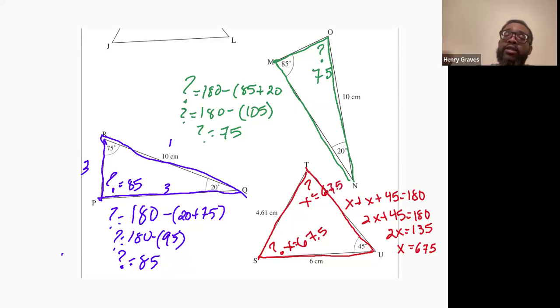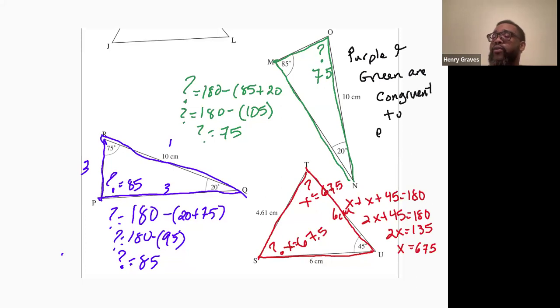So essentially the only ones that are equal to one another are the purple and the green triangle, which are congruent to each other. Because the red one is the only one where they each have 45 degrees.